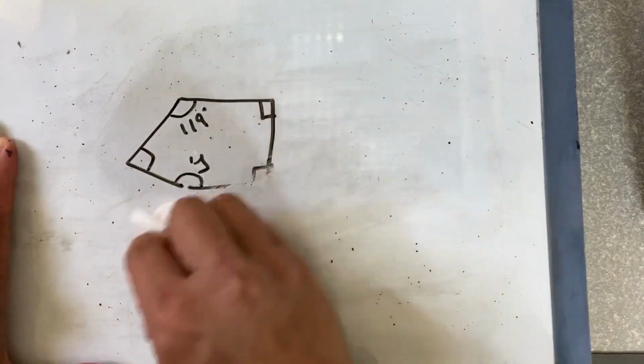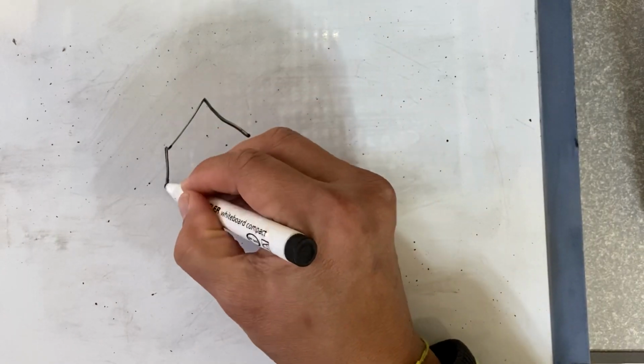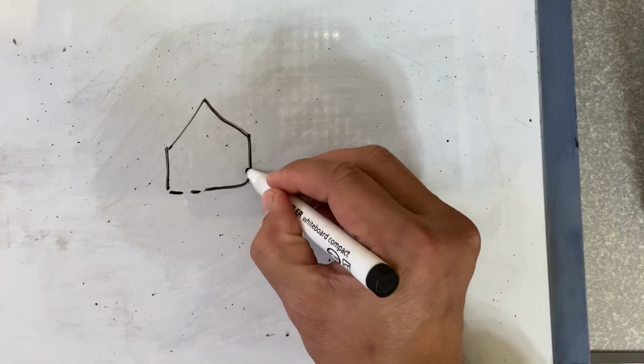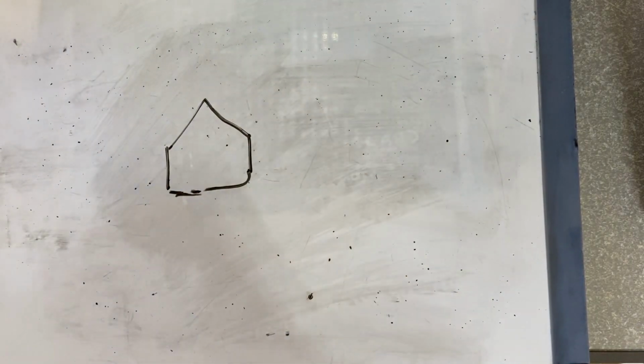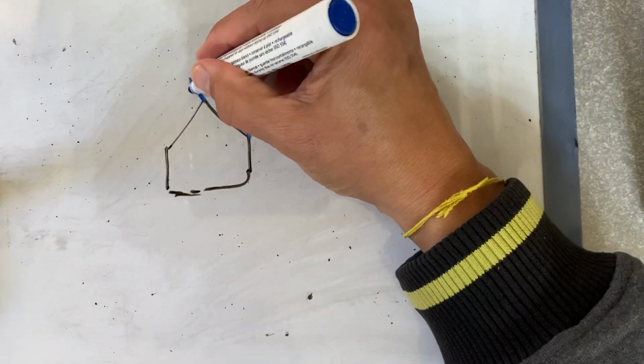Okay, we will proceed. The other theorem you need to know is the exterior angles. Suppose we have a pentagon again. If we were to draw an exterior angle for each, exterior means outside.